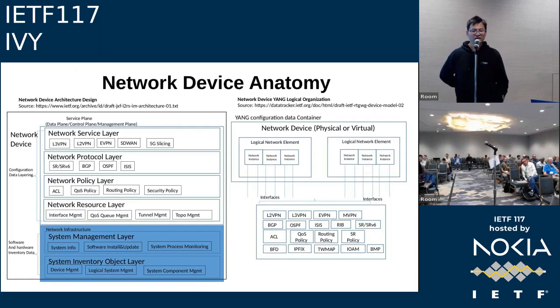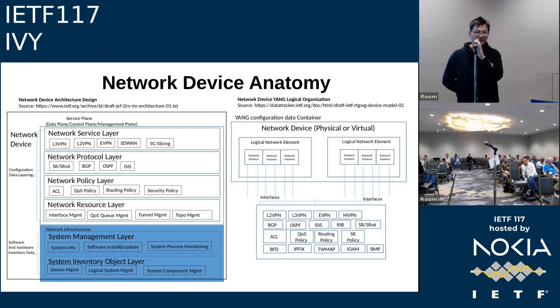So what's inside of a network device? We can break down this network device related data into multiple layers: service layer, protocol layer, policy layer, network resource layer, system management layer, and a system inventory object layer. In this figure, you can see the bottom 2 layers all relate to network infrastructure. So this shows the basis of network inventory.